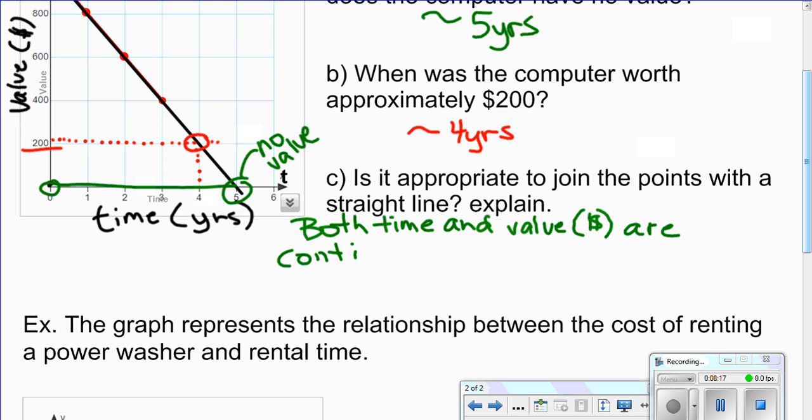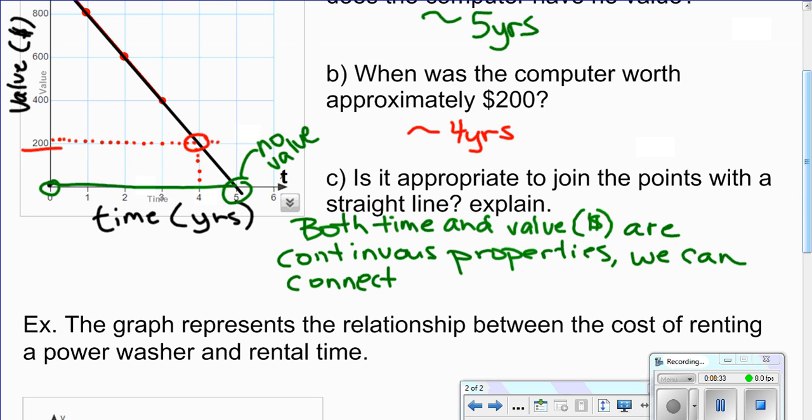So since they are both continuous properties, we can connect the dots. Because remember, when we connect the dots, it's saying that this value could exist somewhere in between those points.